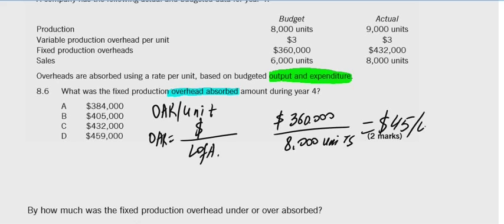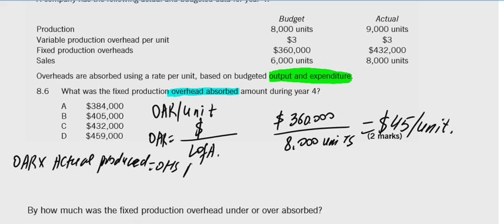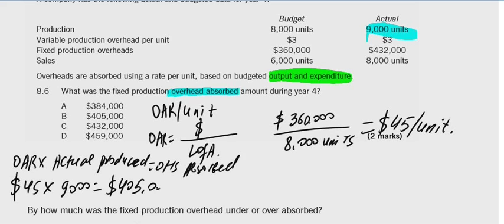If I multiply the overhead absorption rate by actual units produced, I will get overheads absorbed. So 45 times actual production of 9,000 units will give us $405,000. So the answer is B.